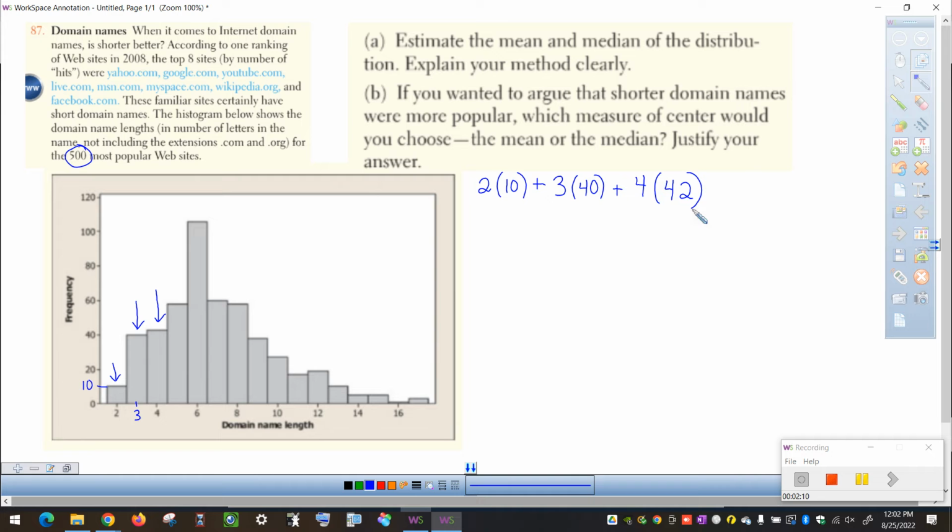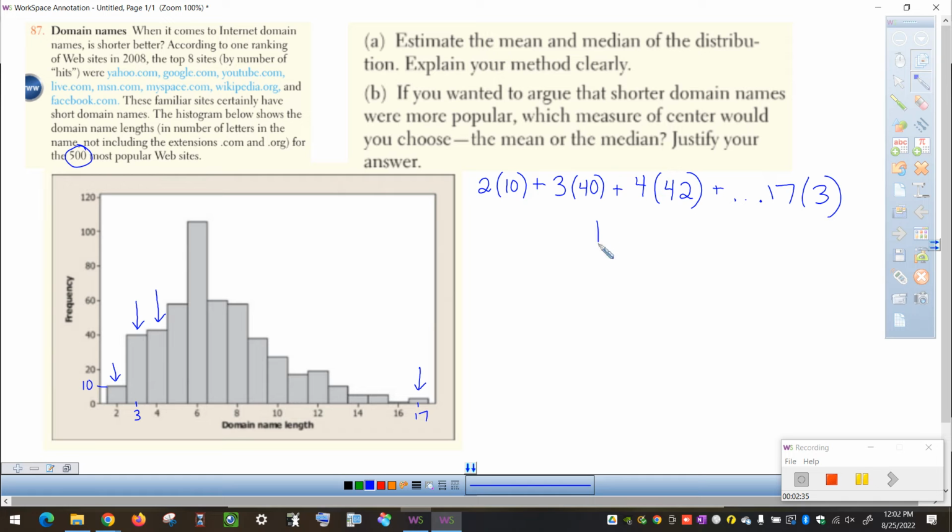Now, it's a little bit tedious, but if we continue that process all the way through, I did the steps here, and on the last one, I estimated about 3 websites that had a domain length of 17 letters, so I'm going to do 17 times 3.